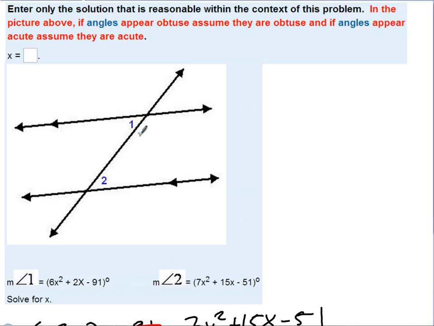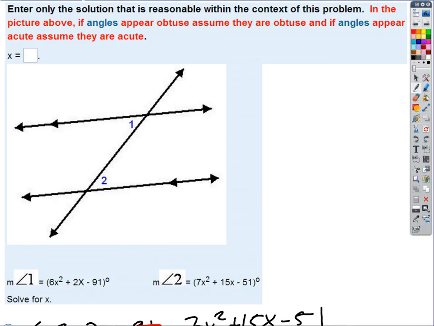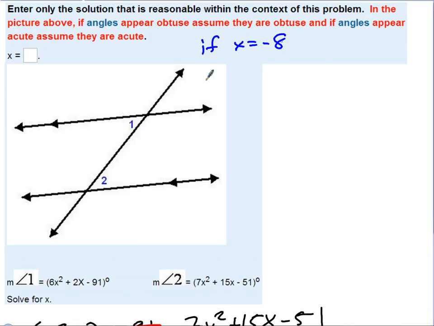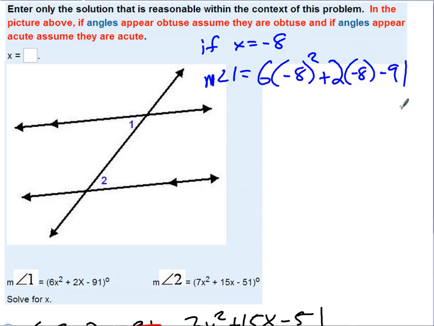Yeah. So if I put in negative 8, for example, so let's try that. If x equals negative 8, then the measure of angle 1 equals 6 times negative 8 squared plus 2 times negative 8 minus 91. Now, if we do that math, we'll do this quick here.